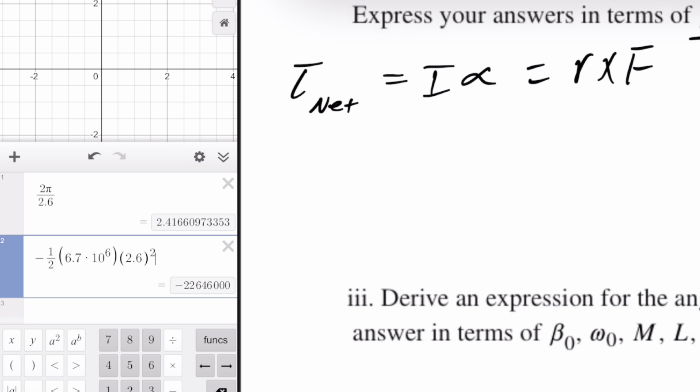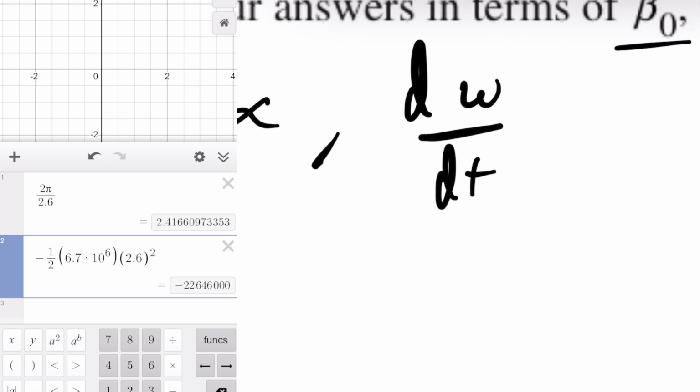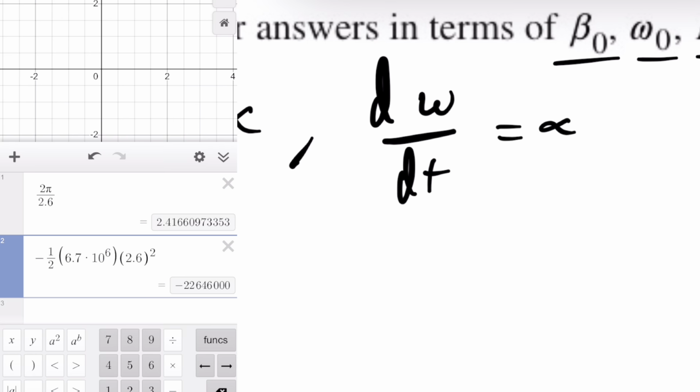I totally could do that, but I'm not going to because I don't know this. But I do know the rotational inertia, and I do know W as a function of time. So I'm going to use W as a function of time to get alpha as a function of time, because the derivative of W with respect to time is equal to alpha.